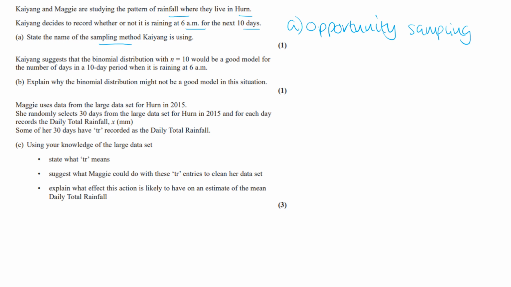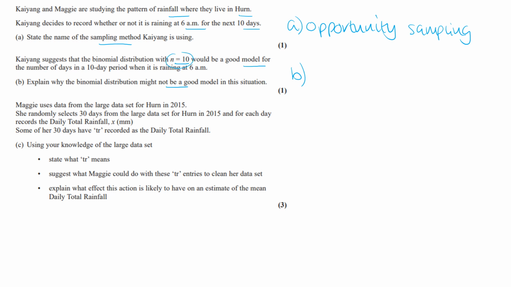Okay, part B, Kyang suggests that the binomial distribution with n equals 10 would be a good model. Explain why the binomial distribution might not be a good model. So for this, we're going to think about using the binomial. It's either going to rain or it doesn't, so that kind of fits. Small number of trials, that fits.